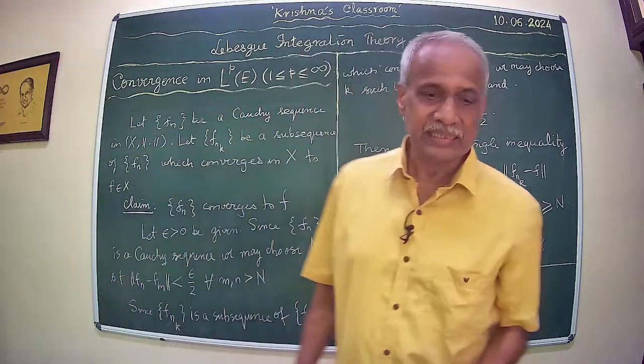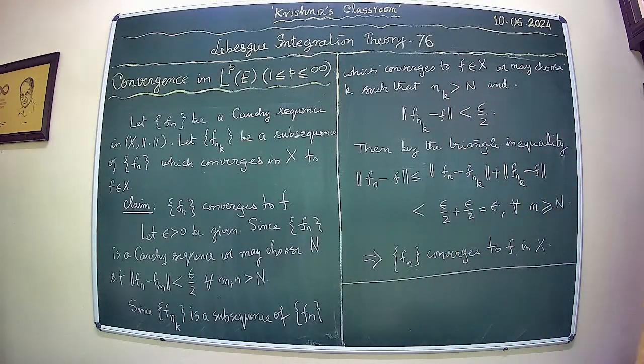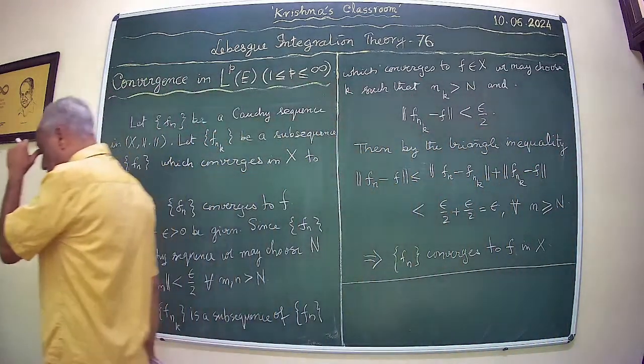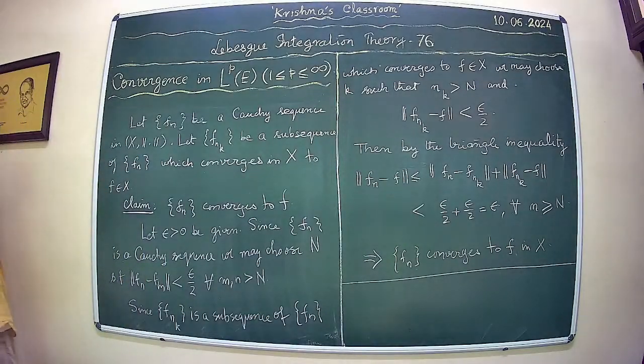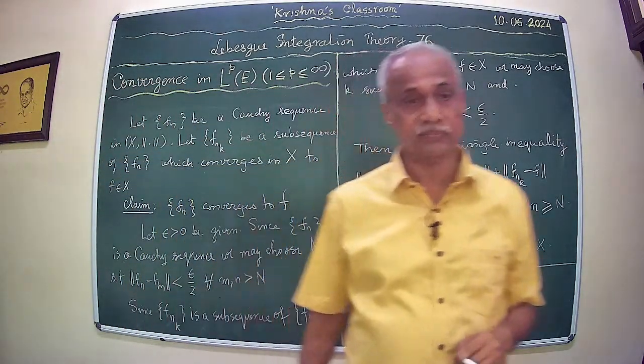In fact, this is the path we are going to follow to prove the completeness of LP spaces. Okay, because what we would require to prove is the following. In LP, we will have to take any Cauchy sequence and show that it converges to an element in LP.